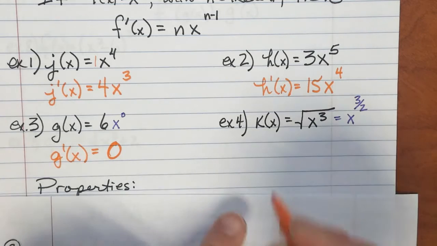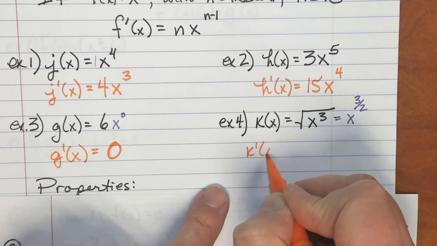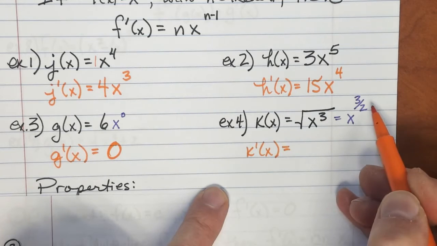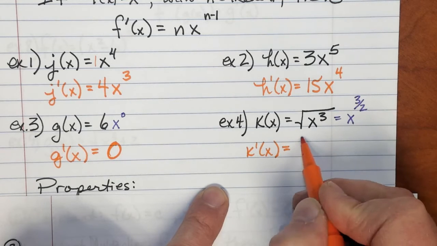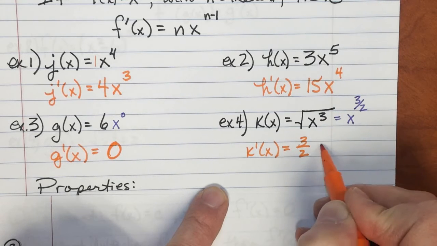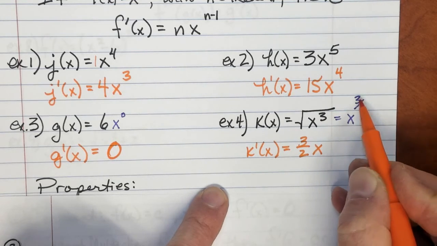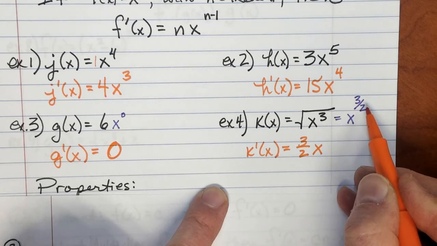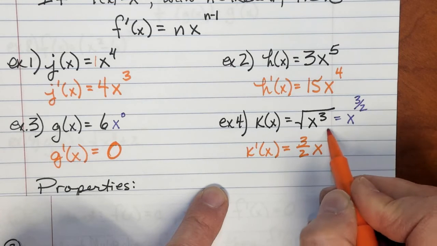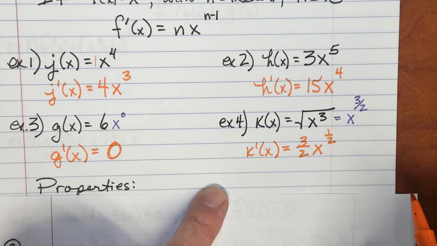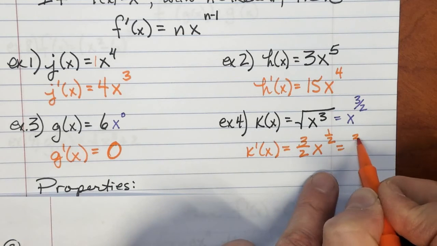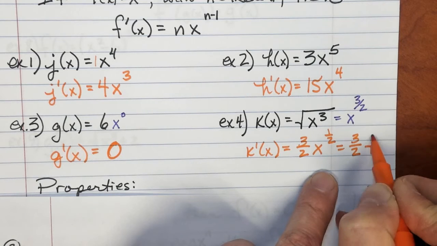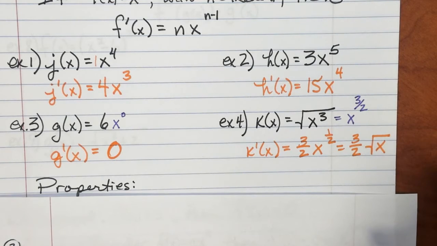Now when you take the derivative, again, bring the exponent times the coefficient, so 3/2 times 1 is 3/2, times x, lower that by 1, 3/2 minus 1 would just leave you with 1/2. Now, this function was written in radicals, so let's write our answer that way. Okay, and you are done.